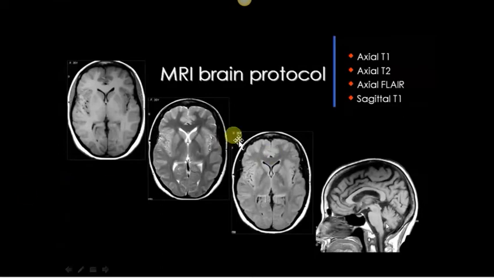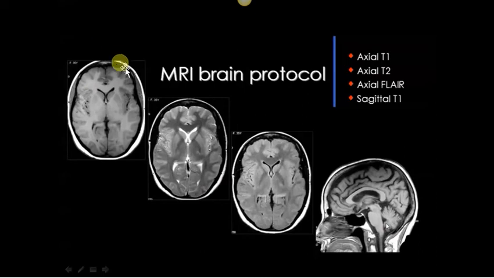In the MRI protocol, usually we take some special types of MRI: the axial T1, axial T2, axial FLAIR image, and sometimes the sagittal T1.